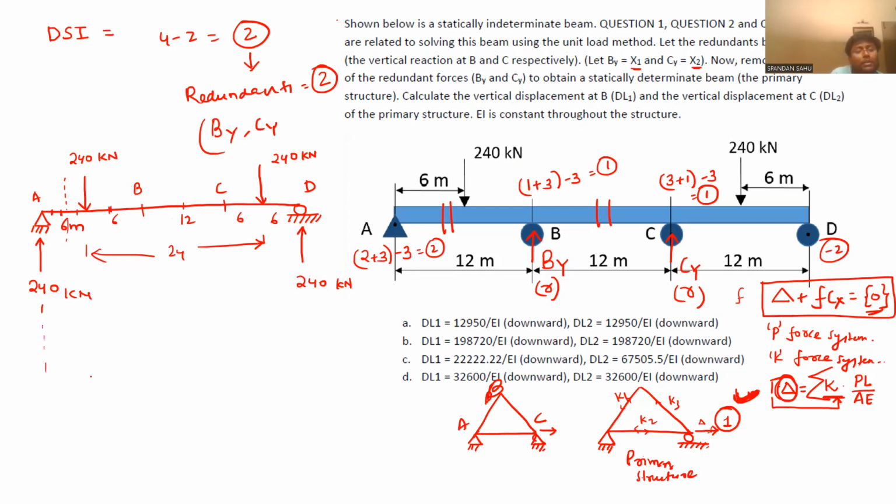Take, for your simplicity, I am drawing the bending moment diagram also. Does the bending moment vary, or is it constant? Means from this point till this point, it is varying. But in this case only, from this point, 240 kilonewton, from this point onwards till this point, it is constant.